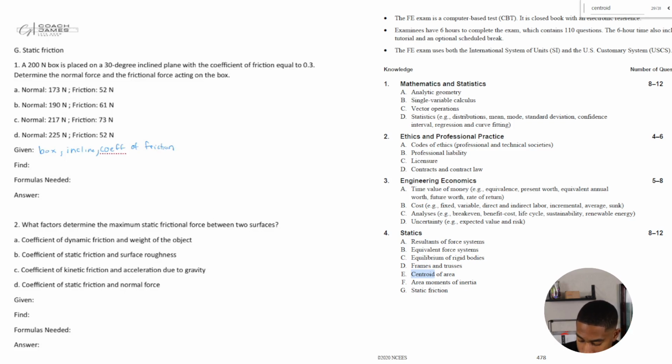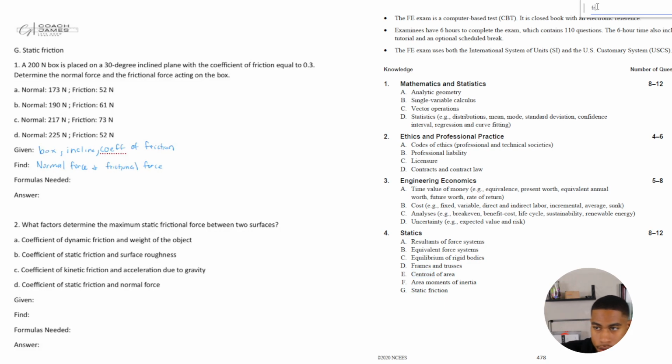What are we trying to find? The normal force and the frictional force. What formulas do we need? So normal force, frictional force.